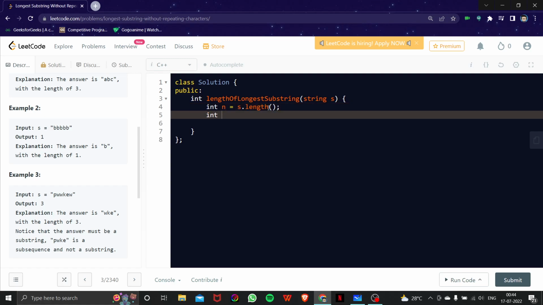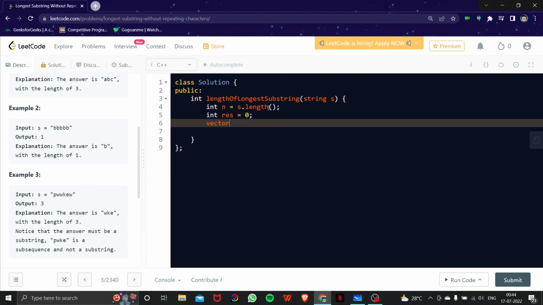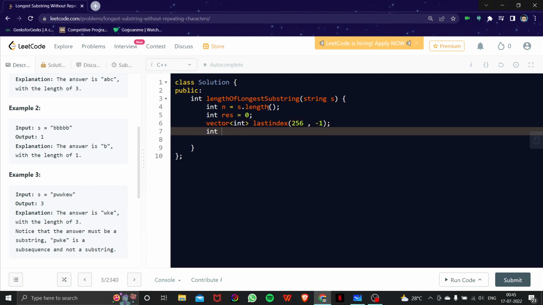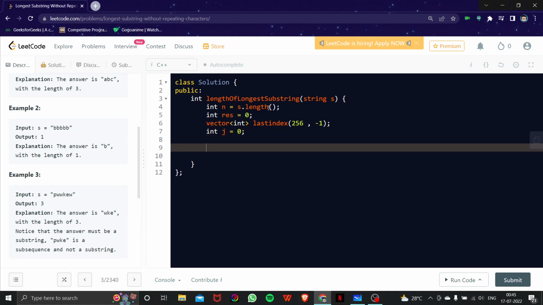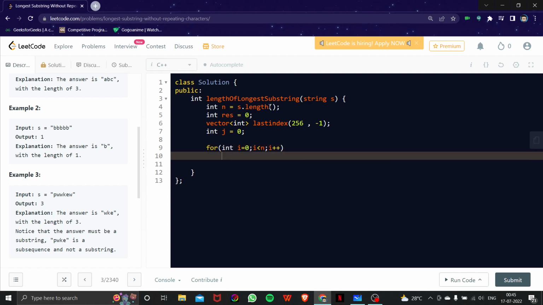We'll have answer as 0. 256, our standard one. We have j as 0. Now for int i is equal to 0, i less than n, i plus plus.